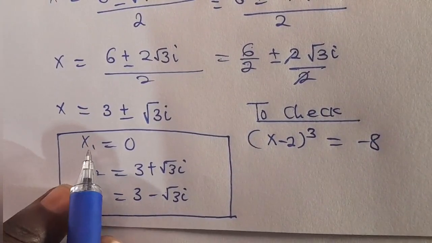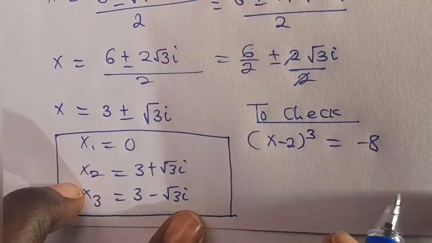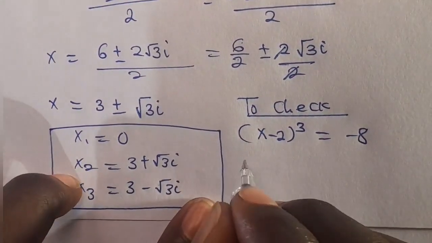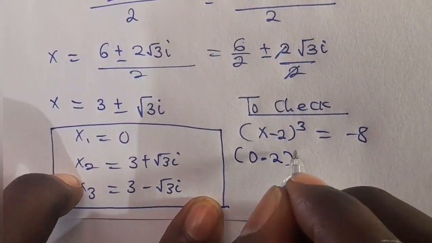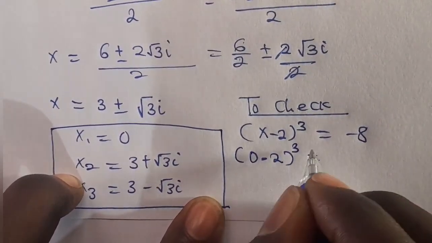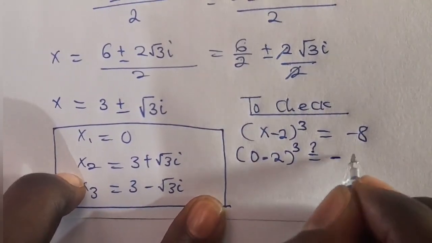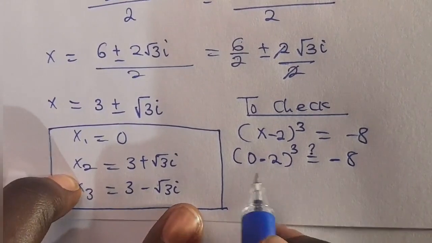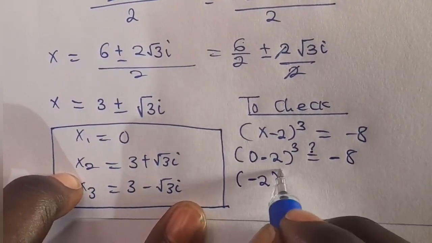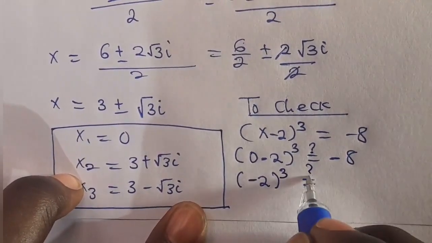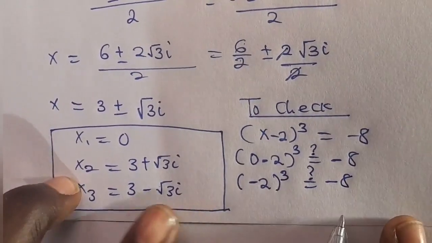Let's substitute when x equals 0 and see what will happen here. So we have 0 minus 2, then raised to power 3, then are they going to give us minus 8? 0 minus 2 will be minus 2, raised to power 3.